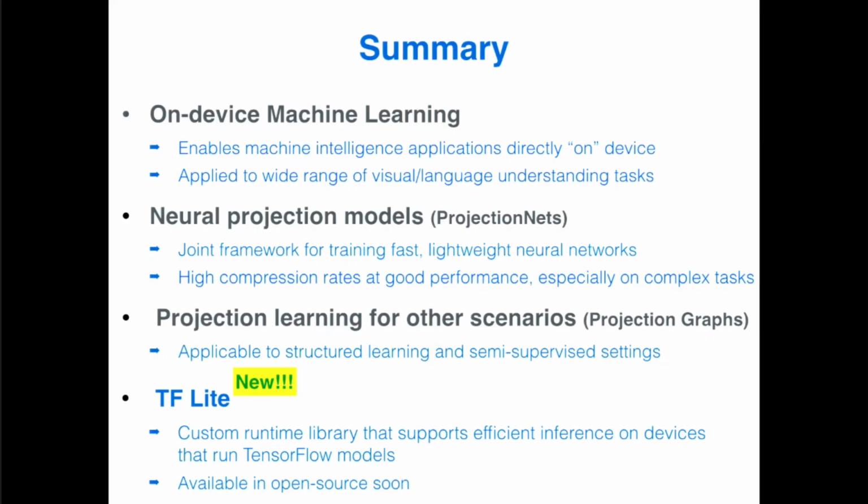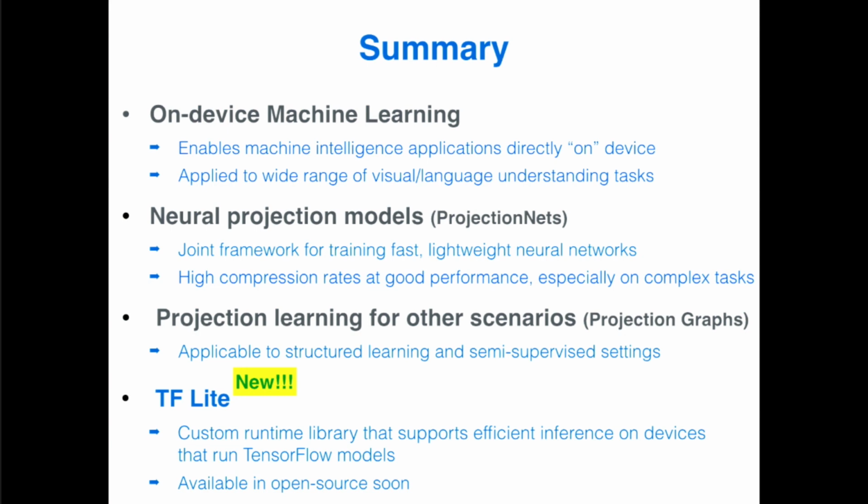Something very exciting for us, and I don't know how many of you know this: we announced at Google I/O this year that we're going to be releasing a new library called TF Lite. We'll incorporate some of the ideas I described here, but essentially it's a custom runtime library built from scratch, highly optimized for on-device applications like deep network inference.